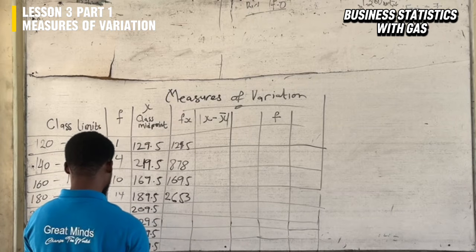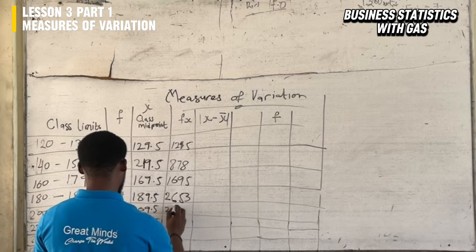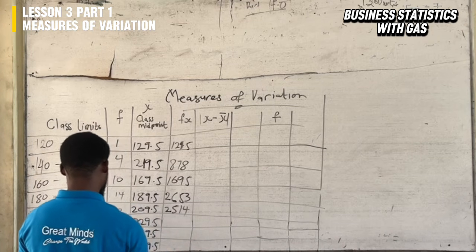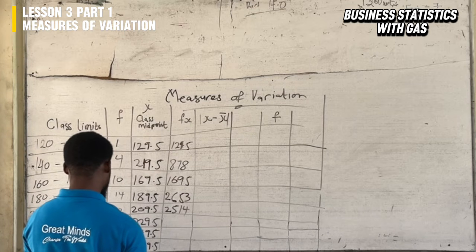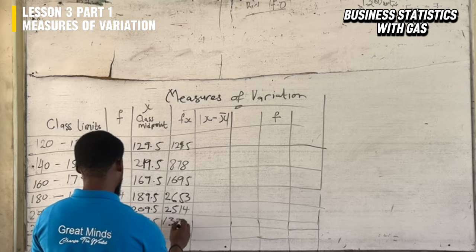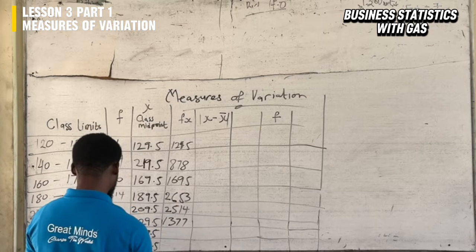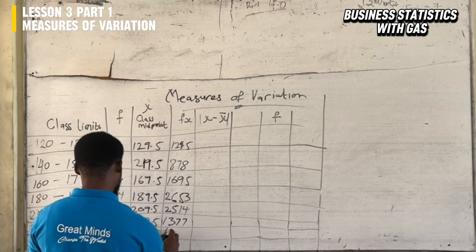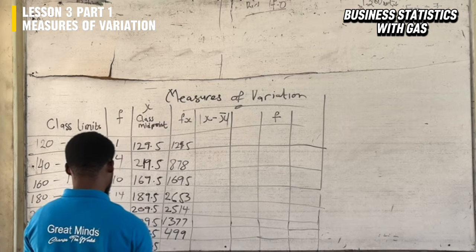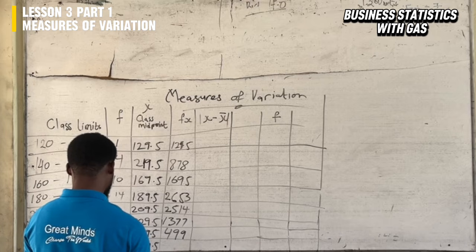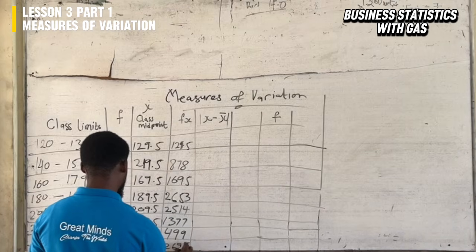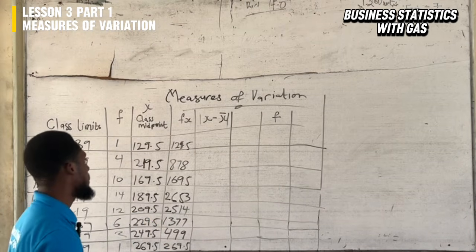We multiply 12 by 209.5, you are getting 2514. We multiply 6 by 229.5, you are getting 1377. We multiply 2 by 249.5, you are getting 499. And we multiply 1 by 269.5, you are getting 269.5. So now we have our fx.